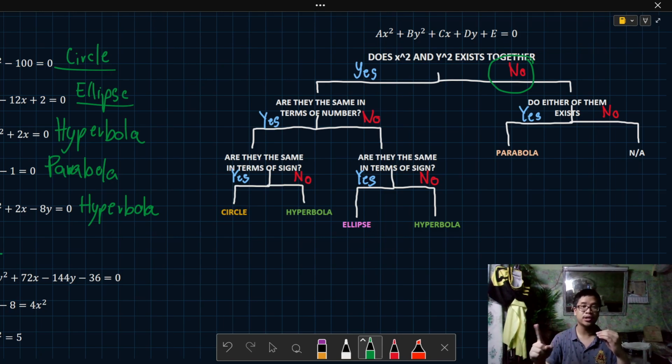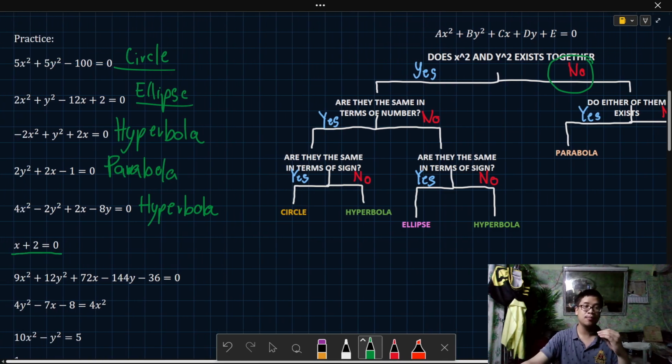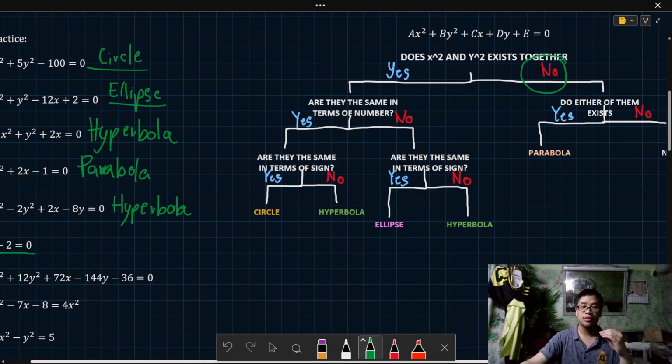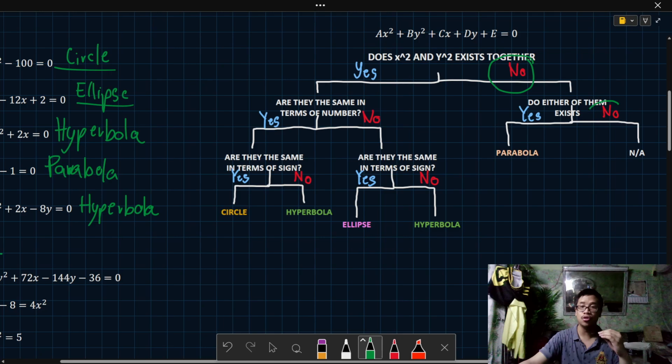Does it contain x squared or y squared? But in this problem, there's no x squared and y squared at all. So this is a no.